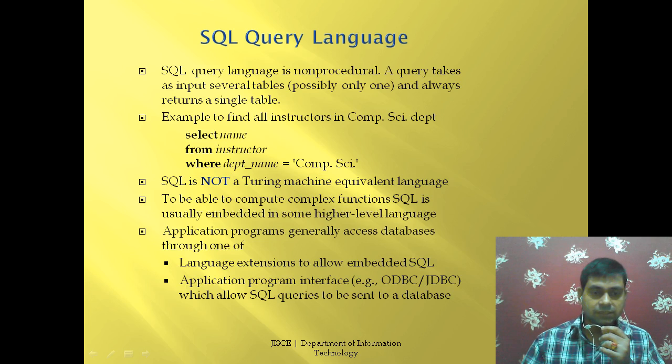Languages like Java, Python, JavaScript, etc. help us to embed SQL to access the database layers. Apart from that, there are some connection oriented programming interfaces like ODBC and JDBC, which help us to access the database via a programming language.